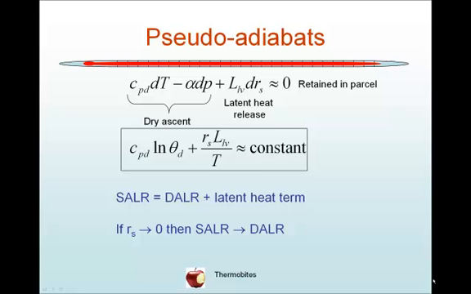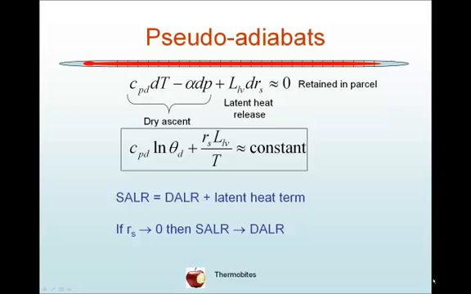Thinking about that from an energetics point of view, if we write the full equation that gives us our energy budget, we've got the Cp dT minus alpha dp. That's a form of the first law, which gives us dry ascent. You integrate that and you get the first term. But then we have a term that involves latent heat from liquid to vapor, L subscript LV, and then dRs.